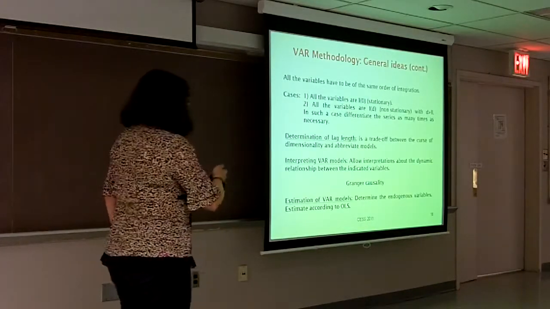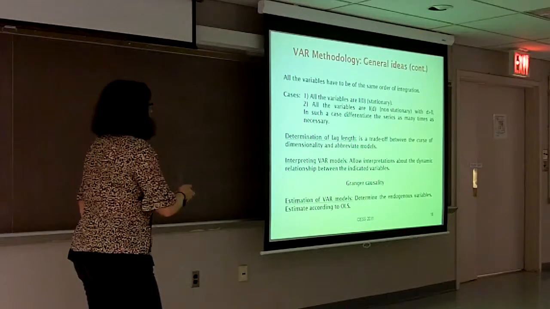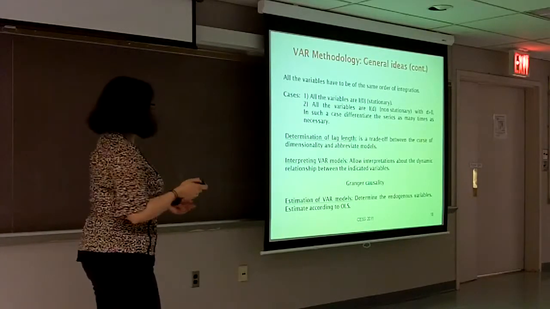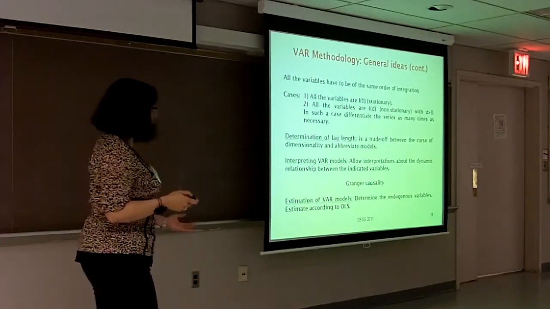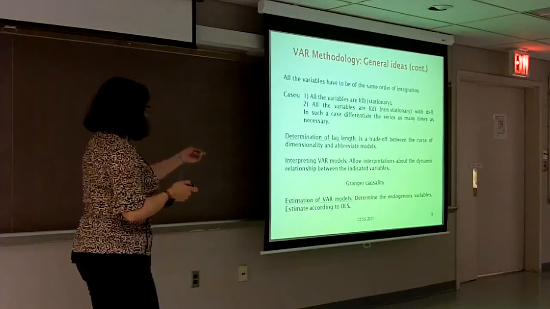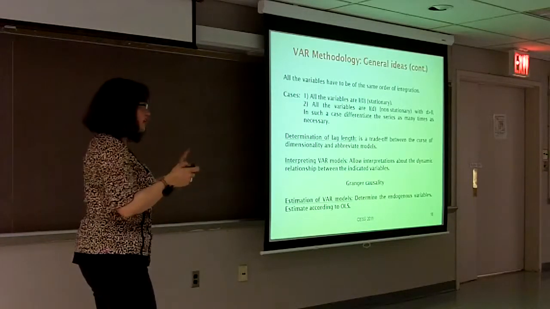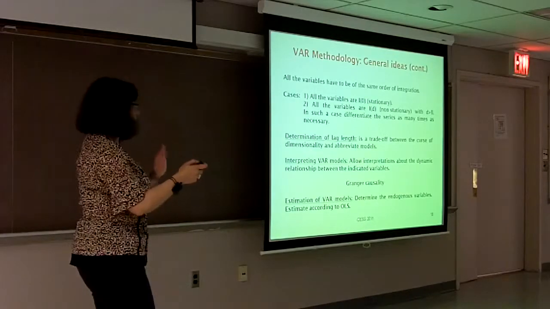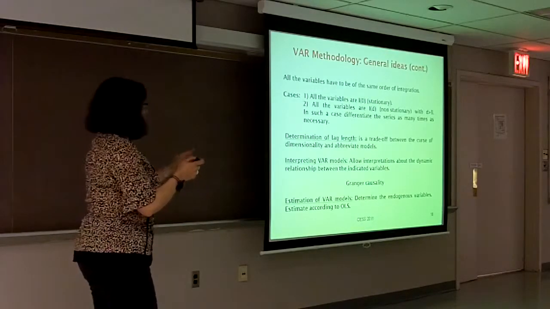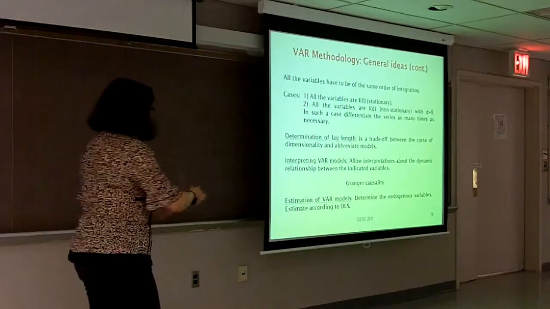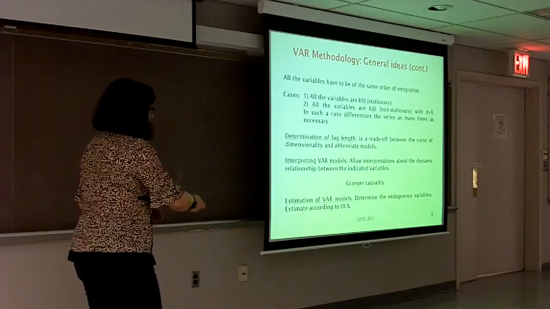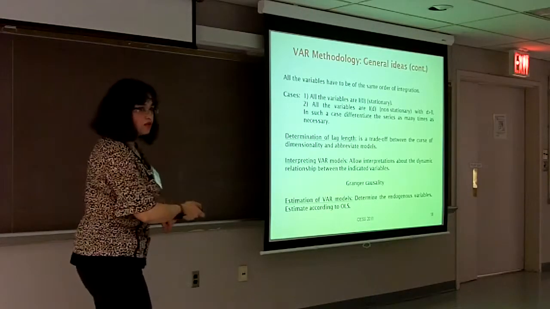Another thing is how do you estimate the parameters in a VAR model? Well, it's very easy because you can use ordinary least squares, so you don't have any trouble in finding the parameters. The only thing that you need to do is to determine the endogenous variables, I mean the dependent variables that you are using in your model.